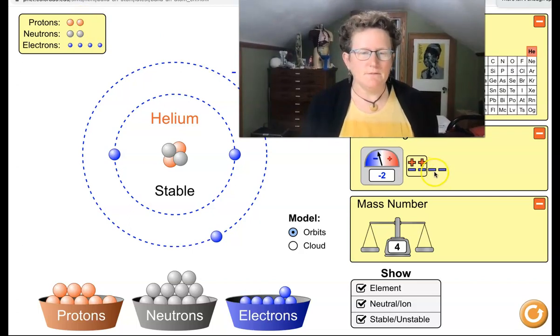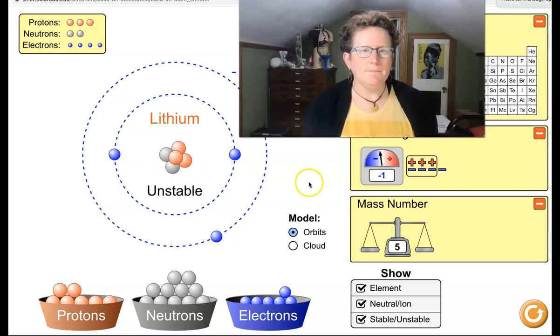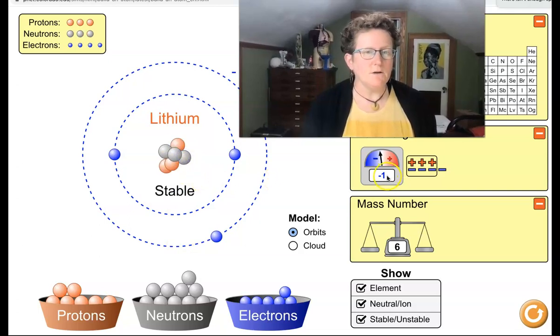If I add another proton and I make it lithium, it's unstable, so I need to add another neutron. That doesn't affect the charge, but adding another proton balanced one of those negative charges. Anything inside this box is balanced.